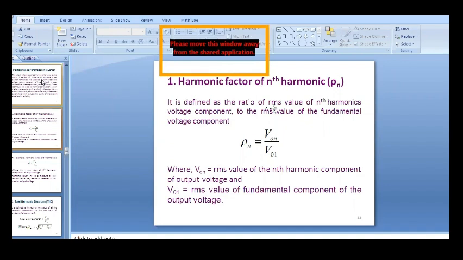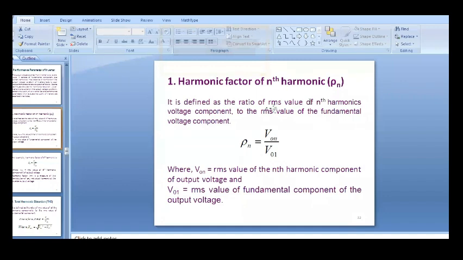which is identified by rho n equal to V0n to the V01. That means from here it is very clear that V0n is the RMS value of nth harmonic component of output voltage, and V01 is the RMS value of fundamental component of output voltage.